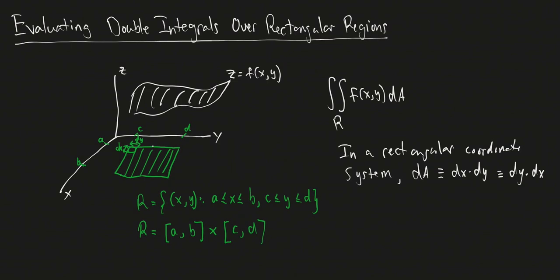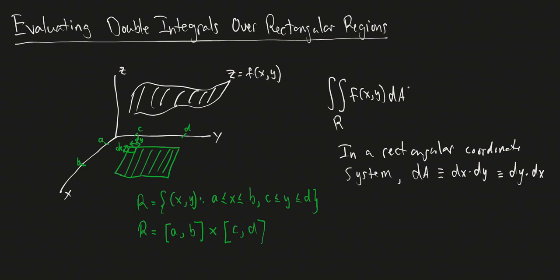And when I do it over the entire region, I add all those volumes together, right? So the dA, we can break it up as dx times dy or dy dx. And then that actually gives us two possible ways of integrating this, right?